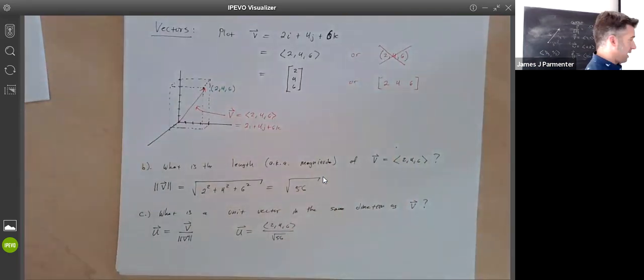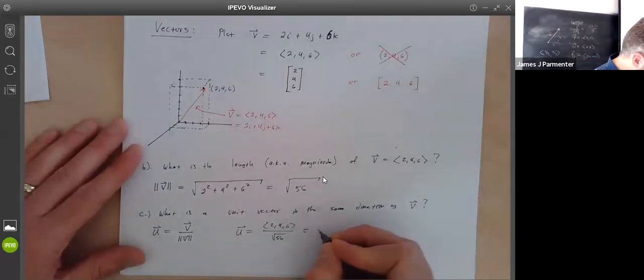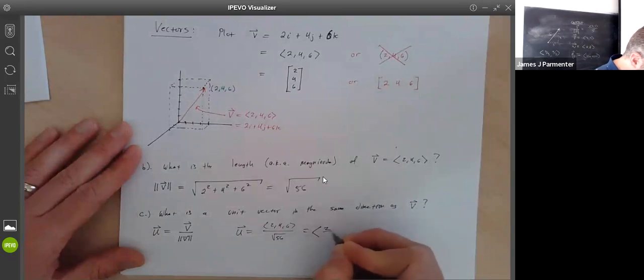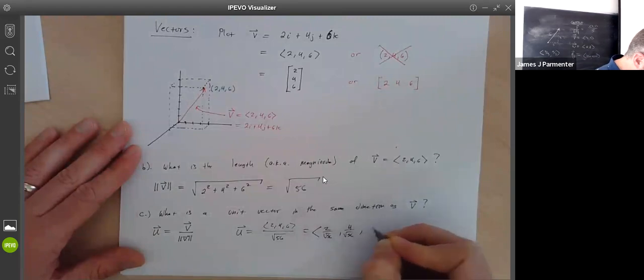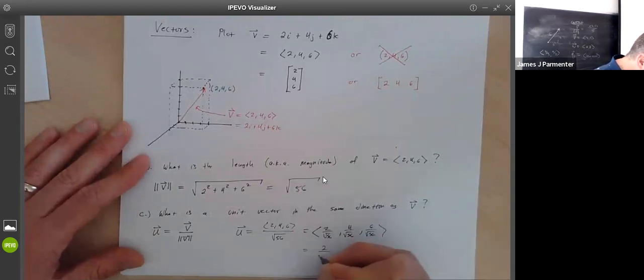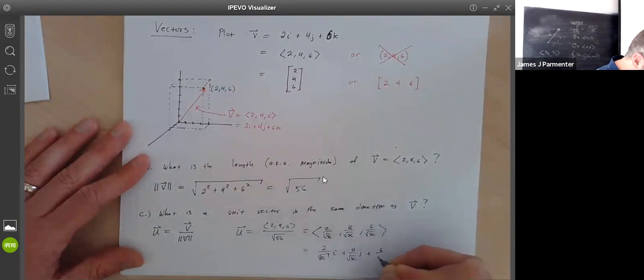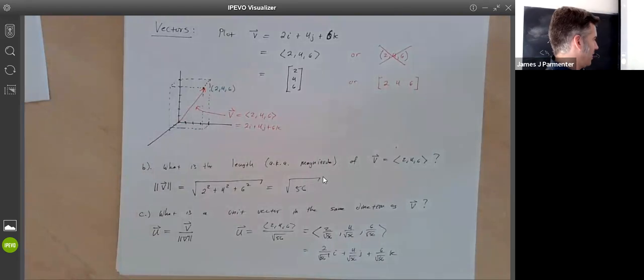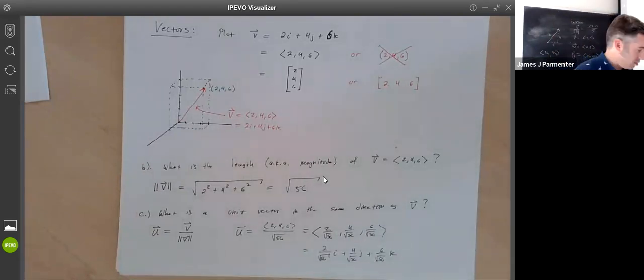I don't feel a need to distribute that division by root 56 to each term, but you certainly can. You can write it as 2 over root 56, comma 4 over root 56, comma 6 over root 56, or even 2 over root 56 i plus 4 over root 56 j plus 6 over root 56 k. And you can probably rationalize and do other things that aren't that important.